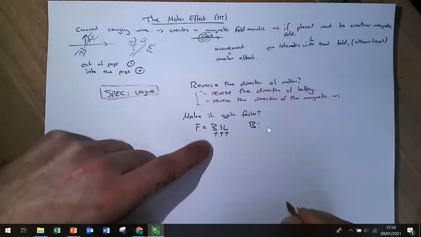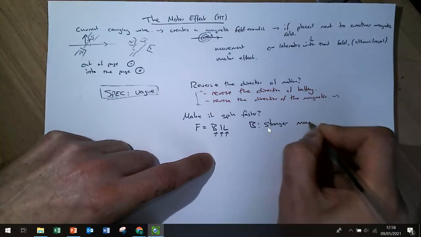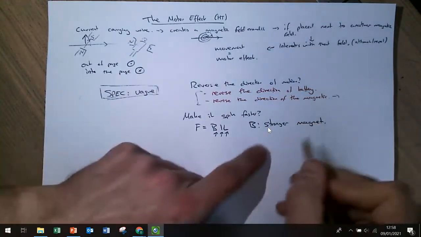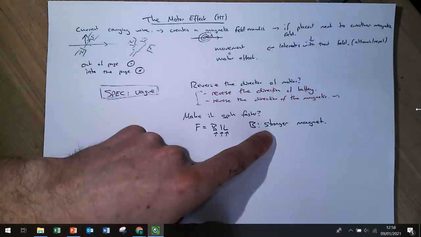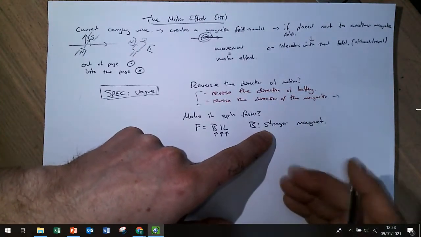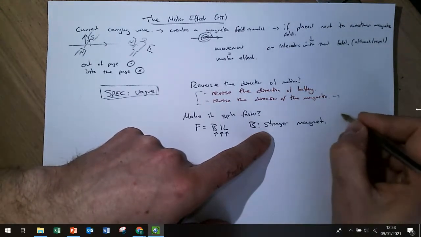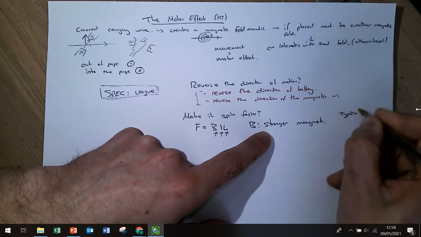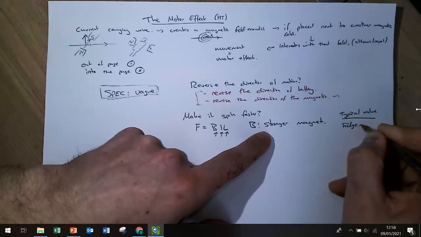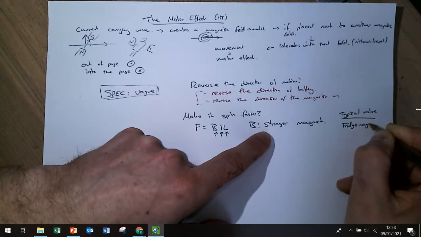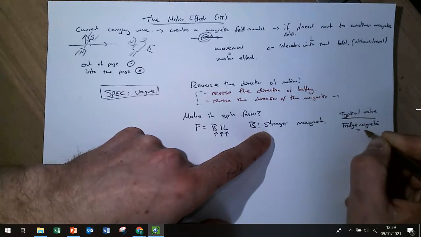So to increase the magnetic flux density, we could simply use a stronger magnet, which you can replace a bar magnet with a neodymium magnet, for example, or an electromagnet. So interestingly, if you take a typical fridge magnet, then its magnetic field strength is very, very small.